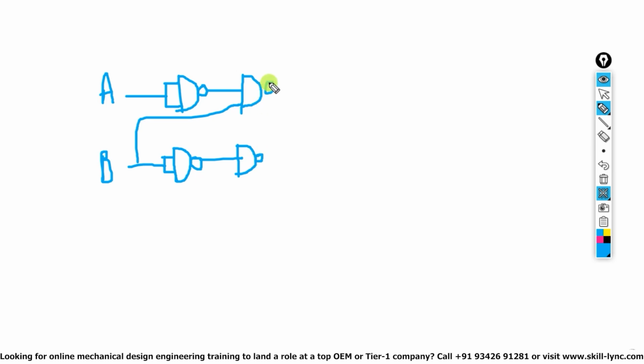Here it is B bar and the second input will be from the A side. So up to this point we are getting (A bar B) whole bar, and here also (A B bar) whole bar.